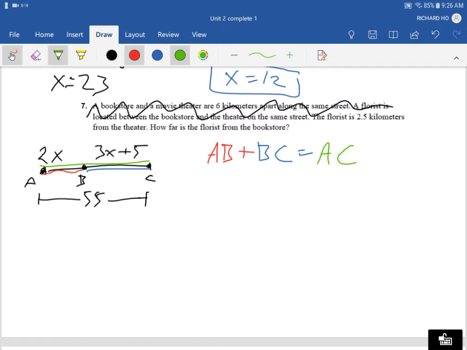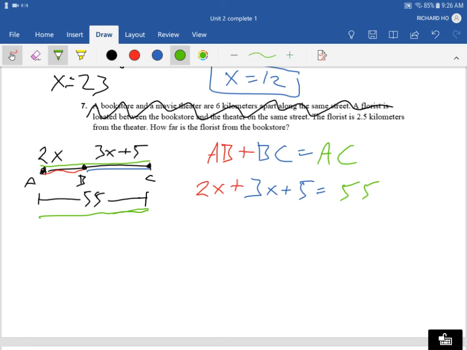Not quite. So the red one is 2x. What's the blue one? 3x plus 5. And then the green one is 55. The green is the whole thing.